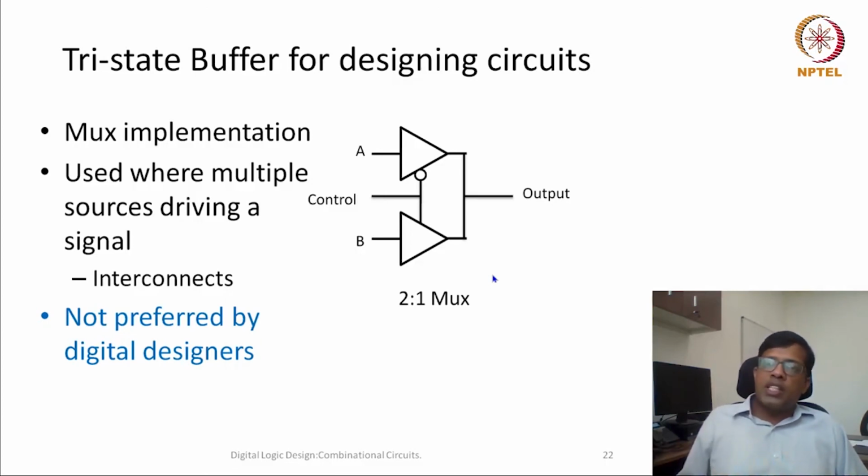But if the design has intentionally put these tri-state buffers, then a Z as an input is a valid input. So because verification becomes more challenging, or checking design rules automatically also becomes challenging, that's why mostly it is not preferred by digital designers.